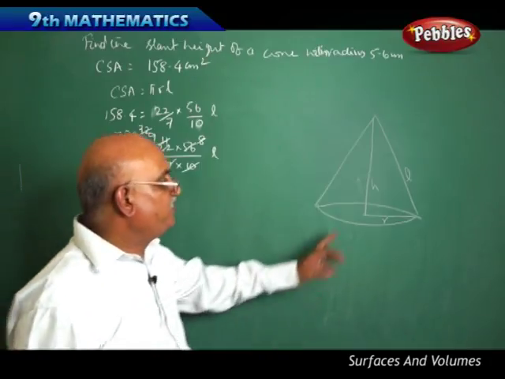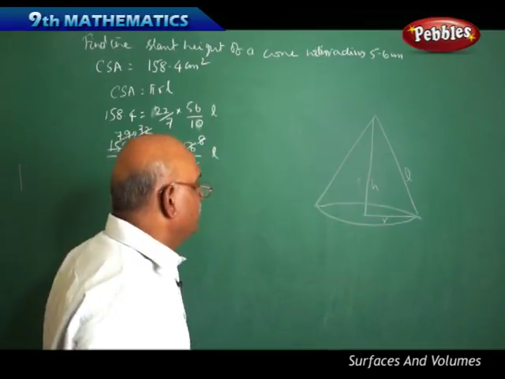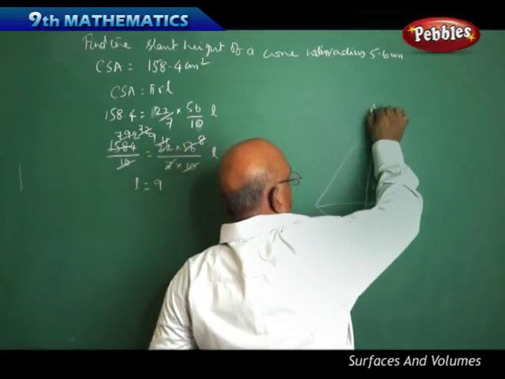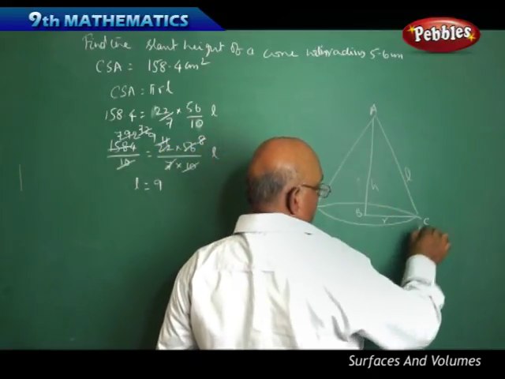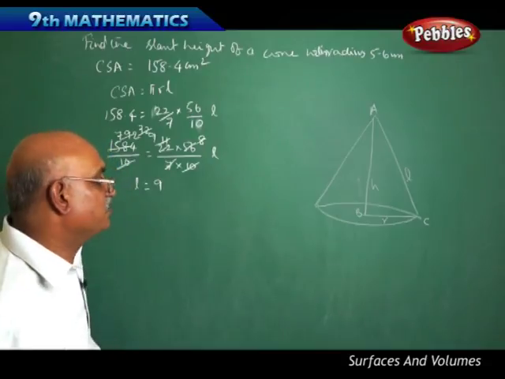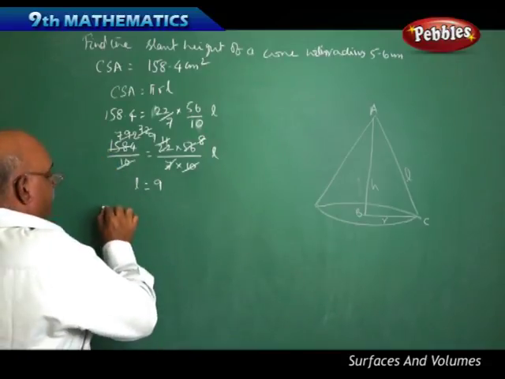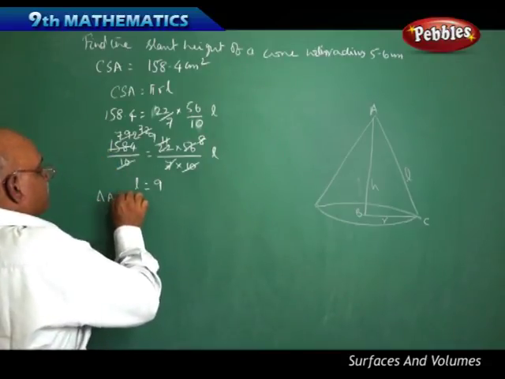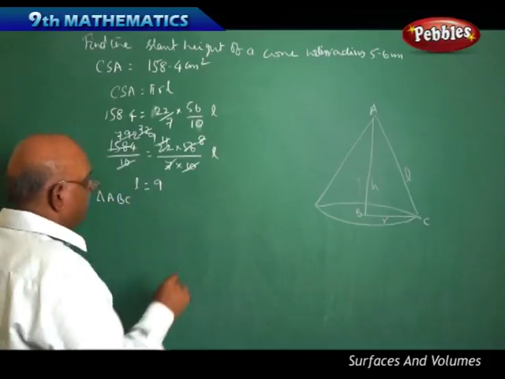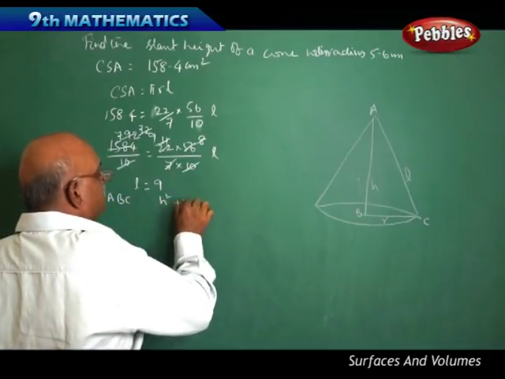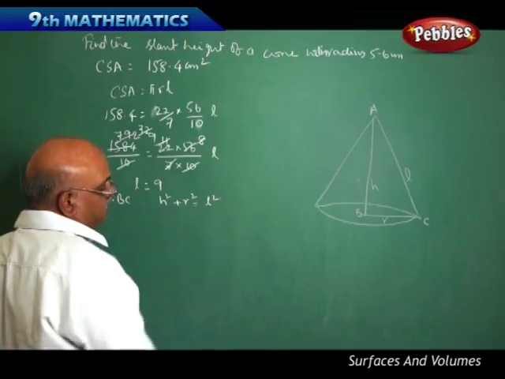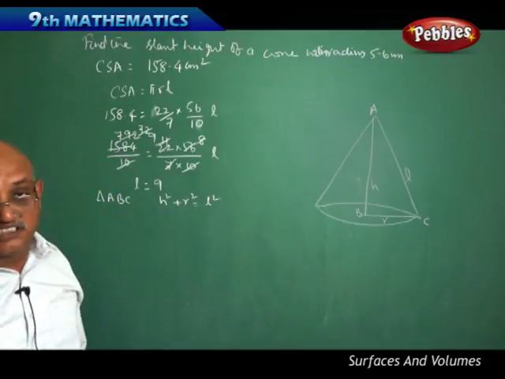Now if we want to find out this h, let us call this triangle ABC. Now you can talk about the triangle. From the triangle ABC, you can take it as h square plus r square is equal to L square. We don't know what h is going to be.